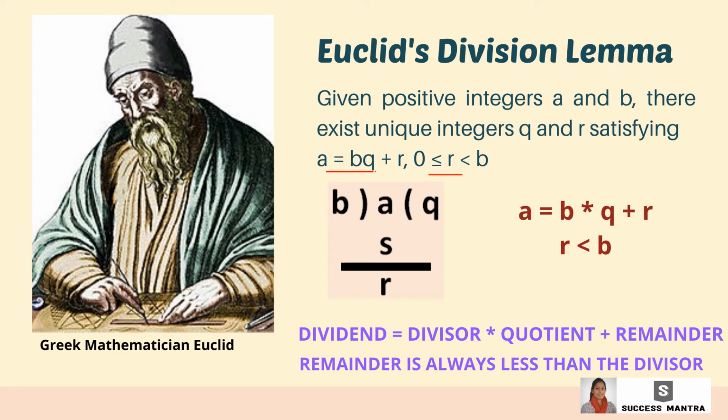That is, when a is divided by b and we get q as the quotient and r as the remainder, and according to the first rule, that is dividend is equal to divisor into quotient plus remainder, we can write a equal to b into q plus r. And according to the second rule, remainder is always less than the divisor, we can write r is always less than b. This is Euclid's division lemma.